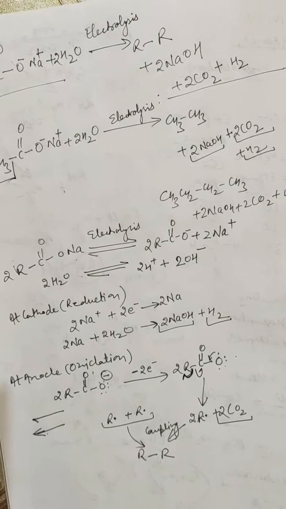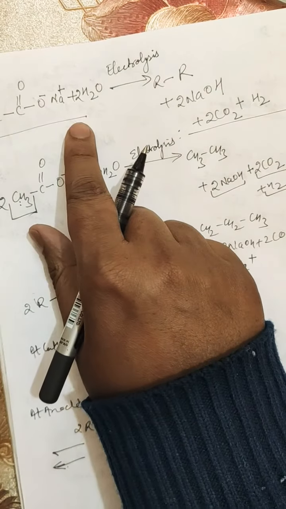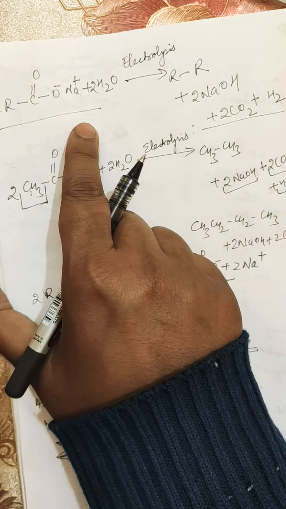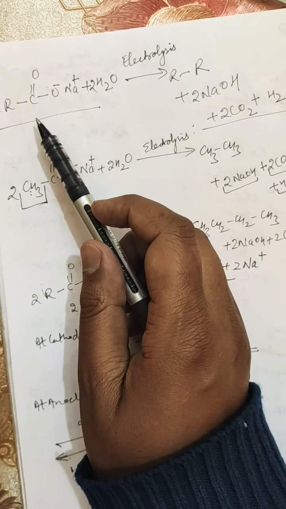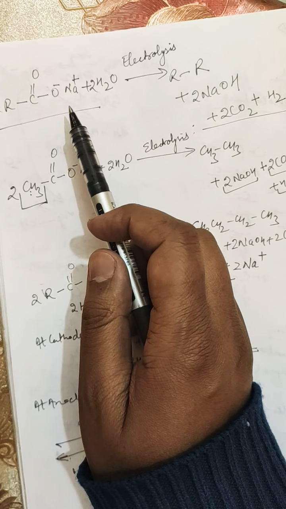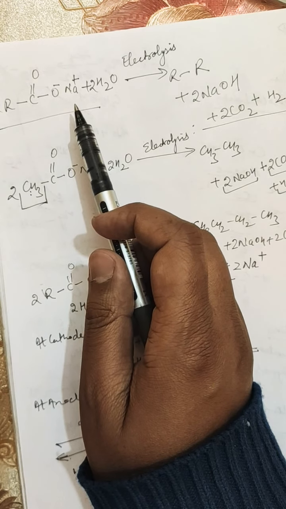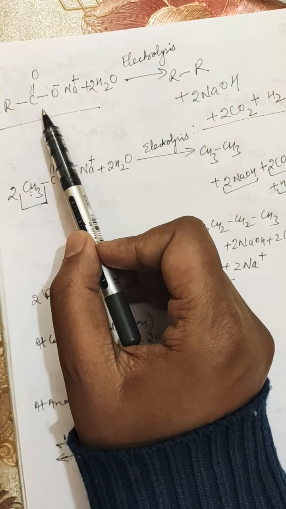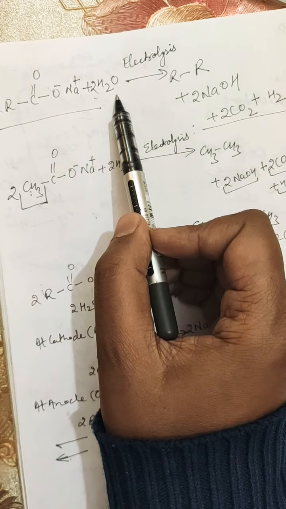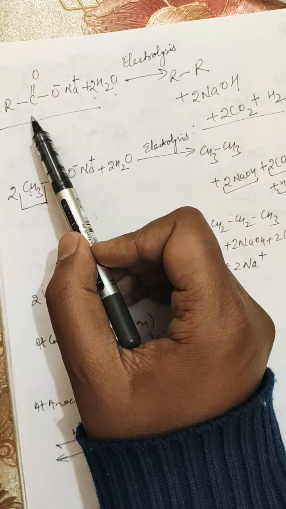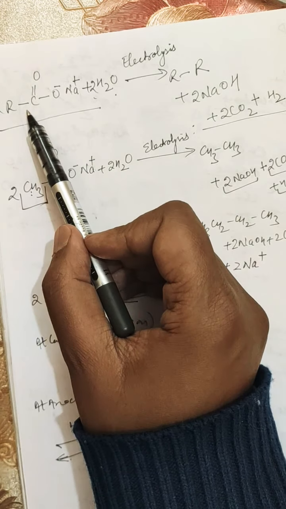So let me repeat again. This is the Kolbe electrolysis reaction. Kolbe electrolysis means electrolysis of a concentrated aqueous solution of sodium or potassium salt of saturated carboxylic acids to yield alkane. Aqueous means water is present in this solution, and the sodium or potassium salt of the saturated carboxylic acid is also present.